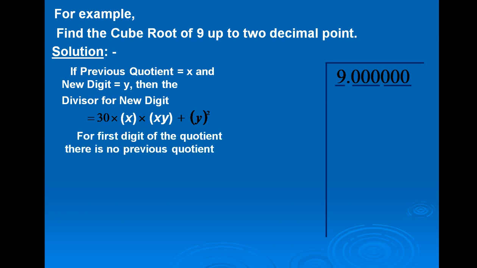Now for the first digit of the quotient, there is no previous quotient, that is x is equal to 0.